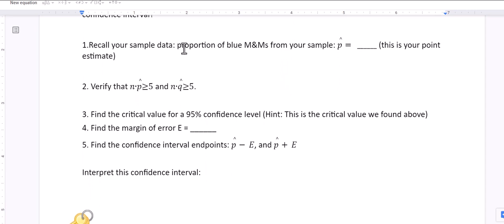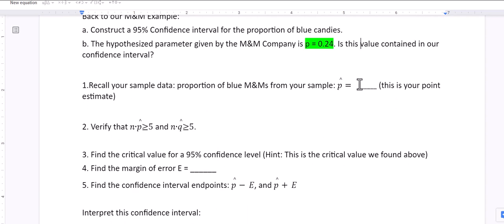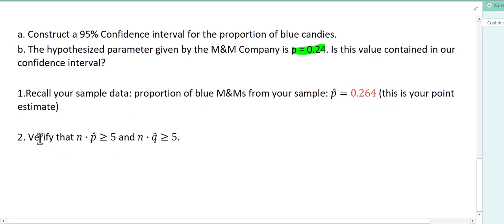Recall your sample data. The proportion of blue M&Ms from your sample, p hat, in my sample, was 0.264. And now verify that n times p hat is more than 5 and that n times q hat is also more than 5.